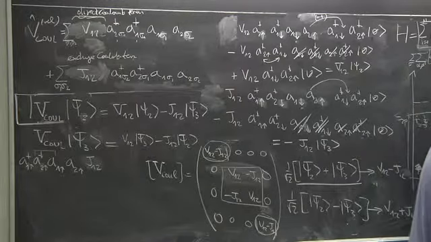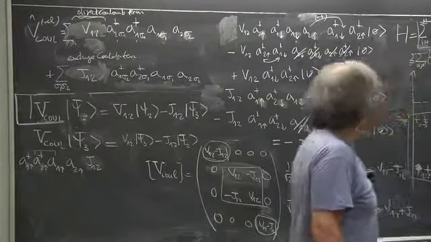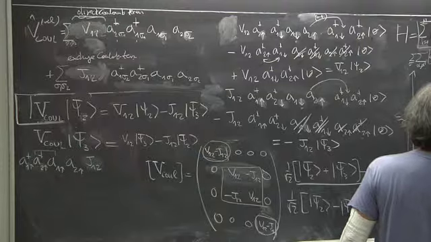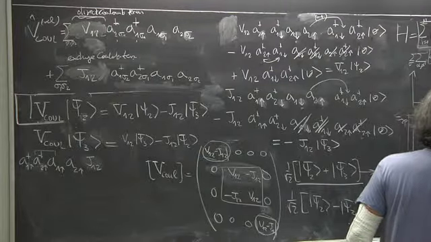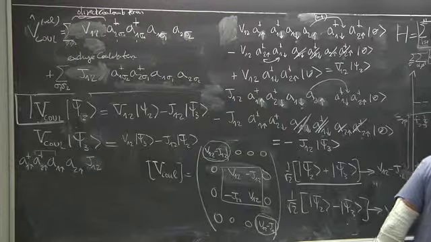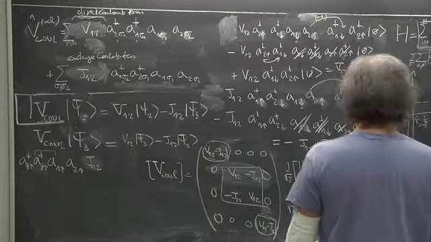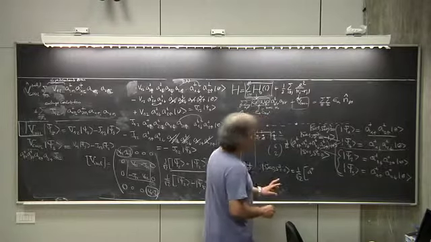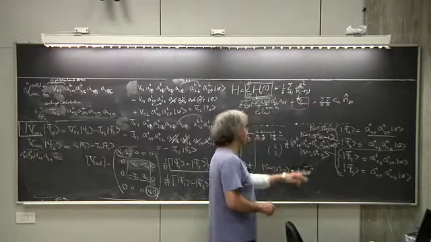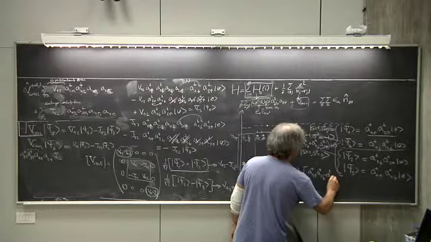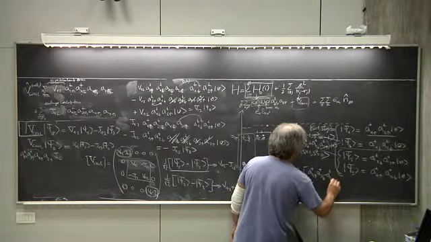1, 2, and the sum of these two. The other guy, the one with the minus, is the singlet. Okay? S equals 0, Sz equals 0 is 1 over root 2, A dagger... Let's see. Well, it doesn't matter if it is a singlet or minus the singlet. So let me write it as A dagger 1 up, A dagger 2 down, minus A dagger 1 down, A dagger 2 up.